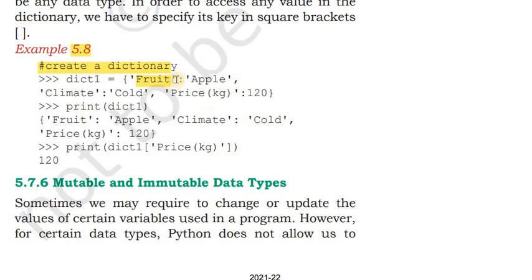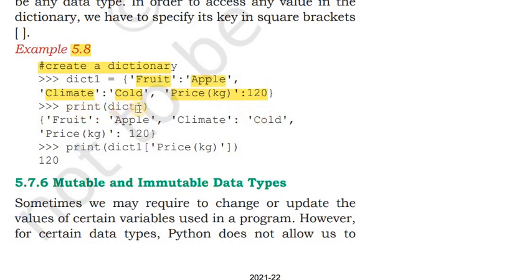First word is 'fruit', enclosed with single quotes, then colon, and its value is 'apple', then comma. Climate, its value is 'cold'. Price per kg, its value is 120.